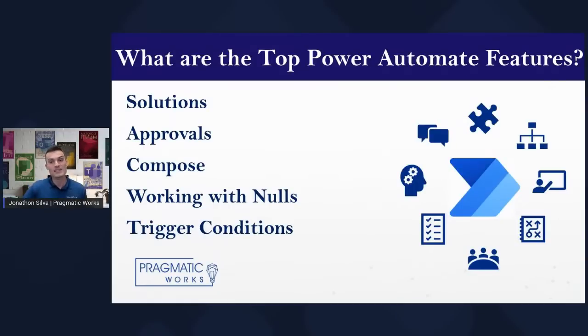The topics that we're going to cover together today are there on screen. We're going to start off with an understanding of solutions inside of Power Automate and the connection between solutions and our environments. Now we can work with that within Dataverse and Power Apps, Power Automate, Power Virtual Agent, all of those together into one nice little package.